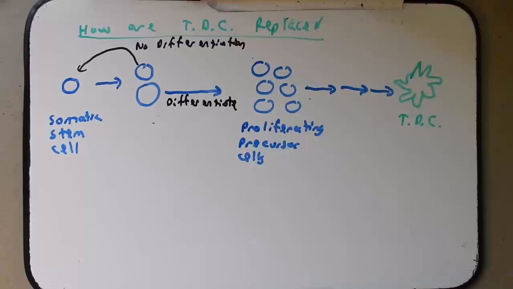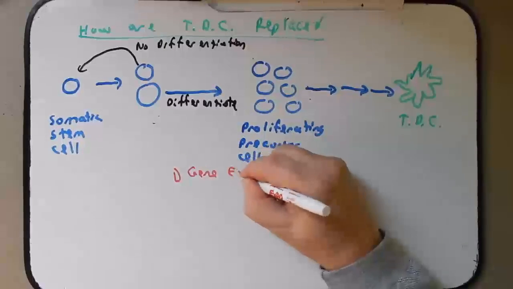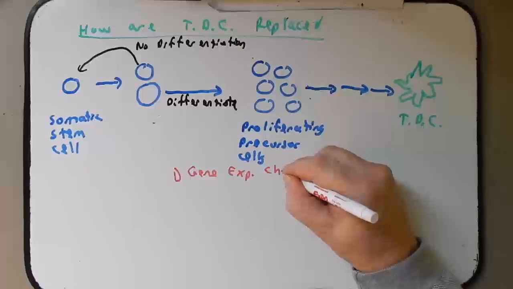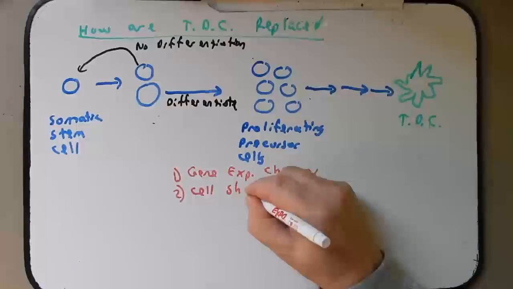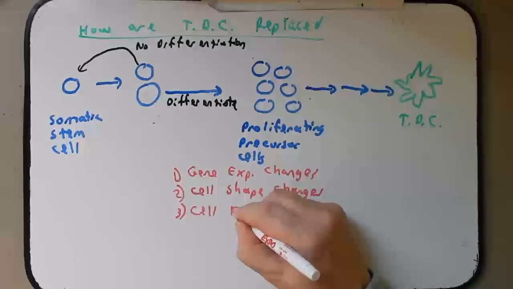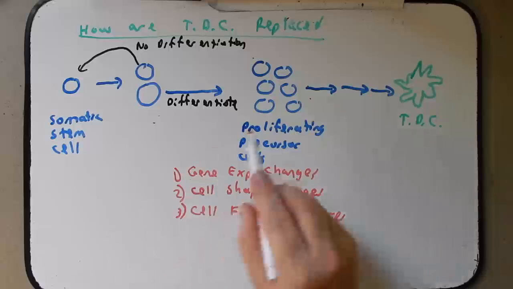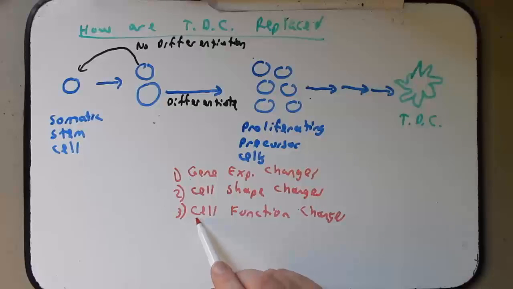So let's write those three things down. So as we go through this process, gene expression changes. Some genes are turned on, some are turned off. Cell shape changes. And ultimately, cell function changes. The whole purpose of this elaborate pathway is to produce a cell that has a fully differentiated function.